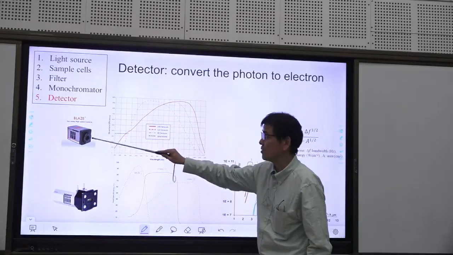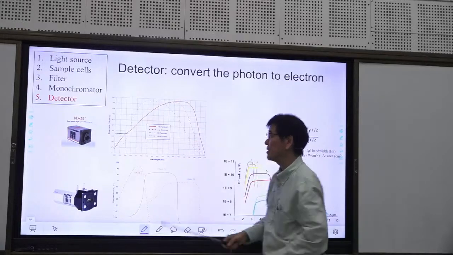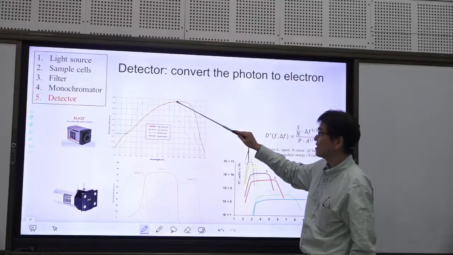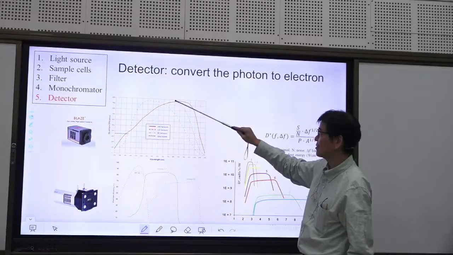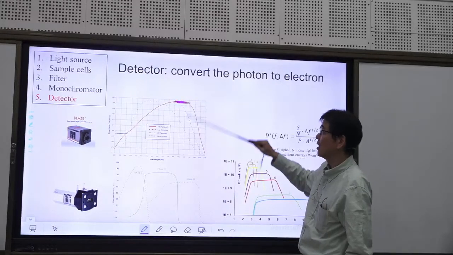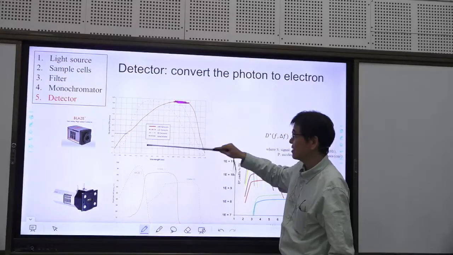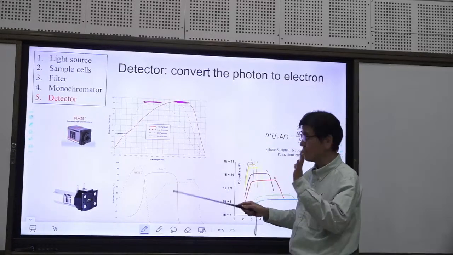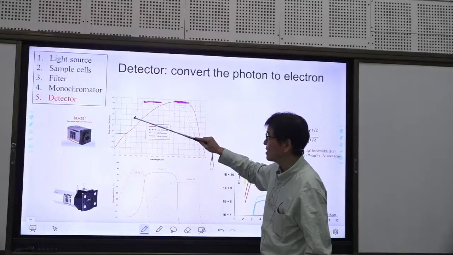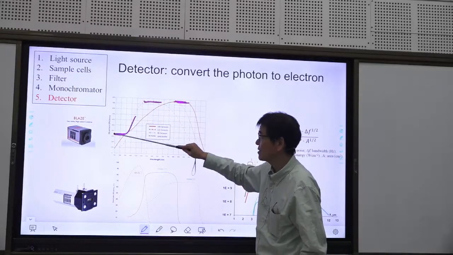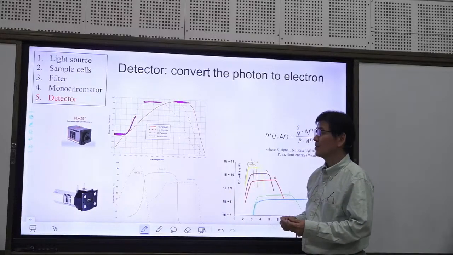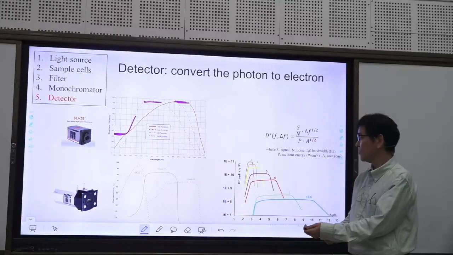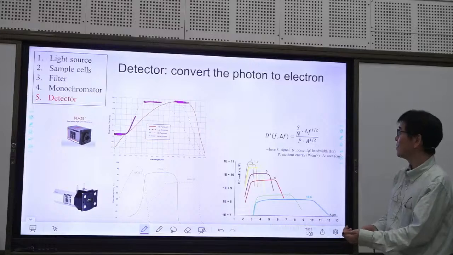Depending on the coating of the optics or window glass or some parts, efficiency may be highest at 800 to 1000 nanometers, or in this case, efficiency is highest at 500 to 700 nanometers, or by adding some coating, efficiency in the UV region becomes improved. So please choose a proper detector for your purpose. Okay?